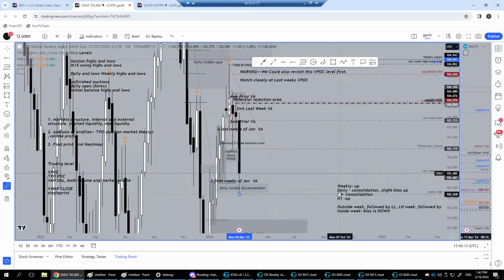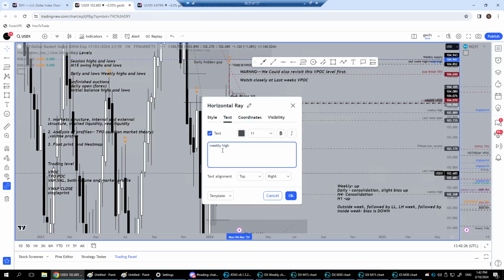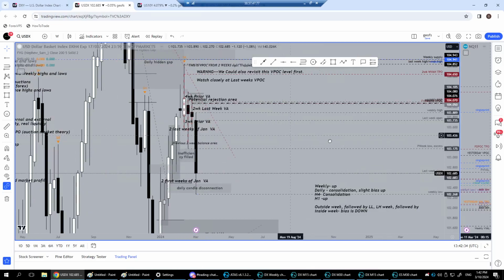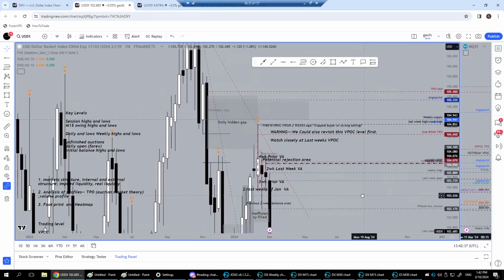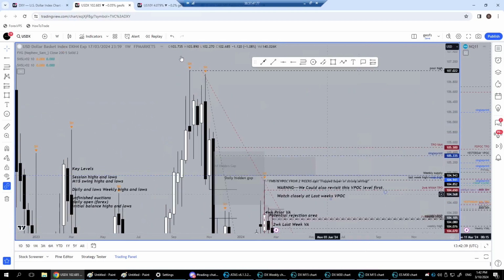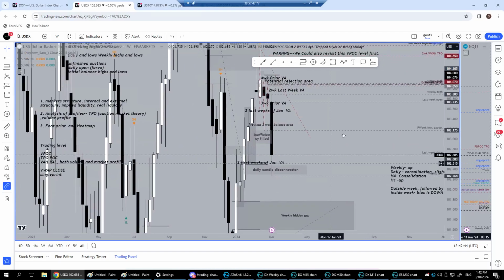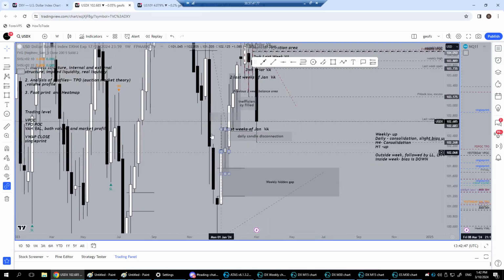It's just the way it is. Weekly low. Anything else to note on the weekly? Just from a price action perspective, not really. We've got a poor high up here. Not much to note there on the weekly.